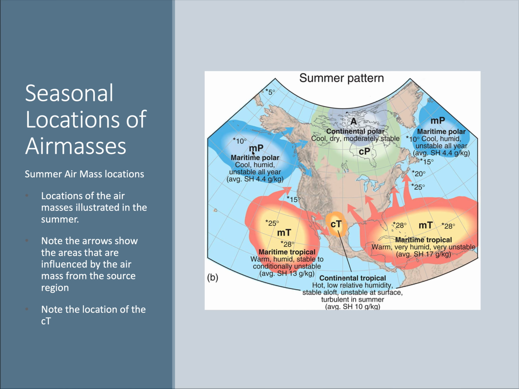The polar maritime air mass sits above it. It starts to appear and sits in summer position across from Washington state and Oregon.